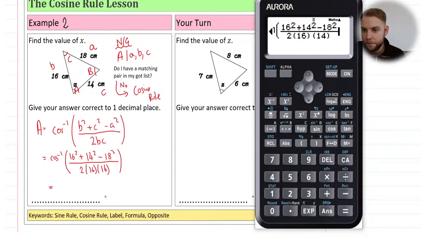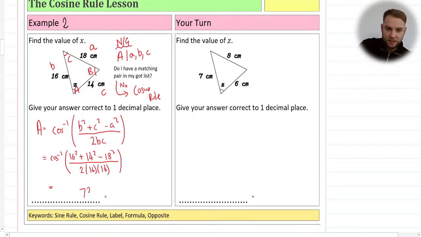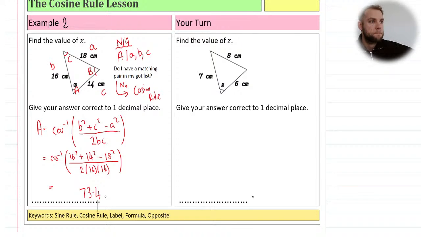Brilliant. Type all that in, and that's going to be 73.4 to 1 decimal place. Brilliant stuff. Really impressive. All right, have a little go at the one on the right hand side.